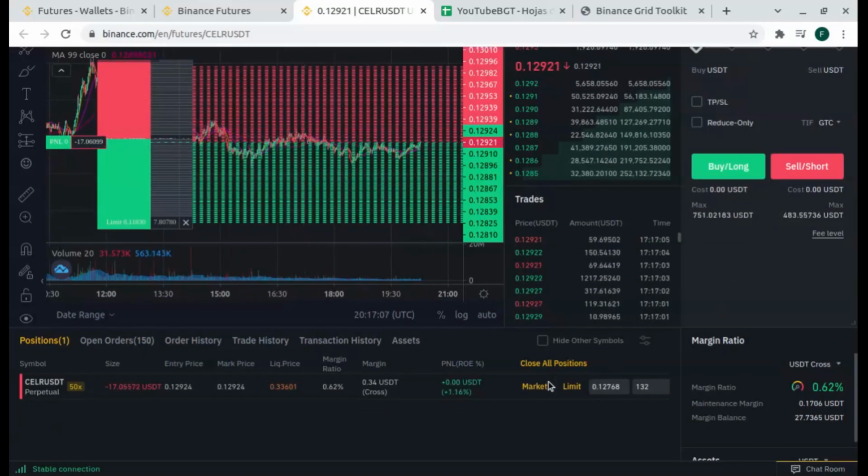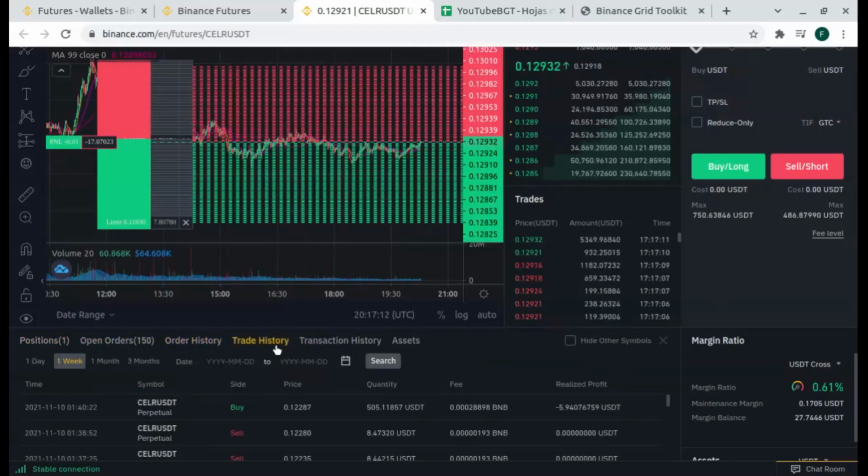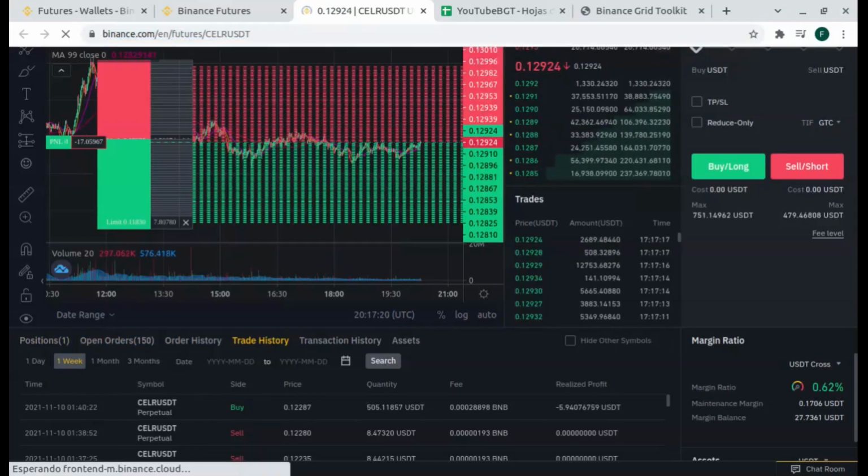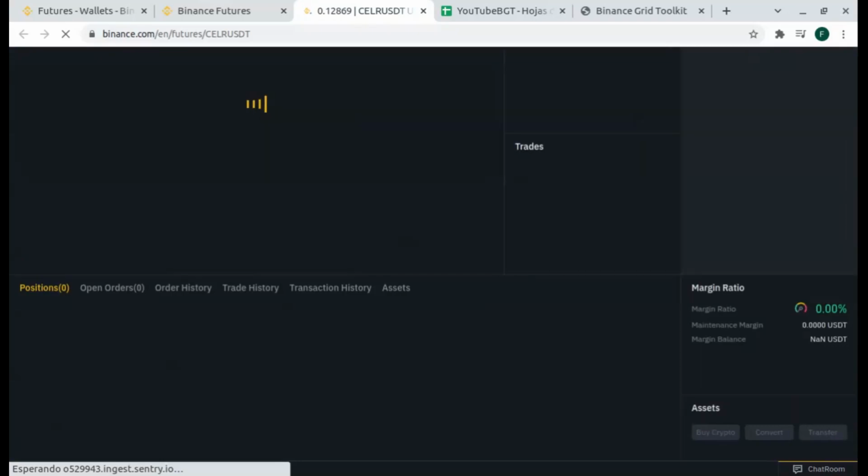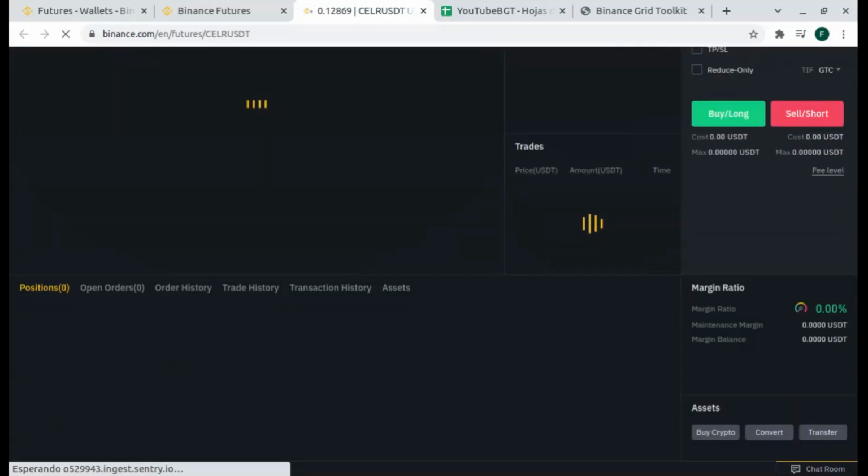And we can see the trade history. If we update our page, it is very important to always check the margin ratio.